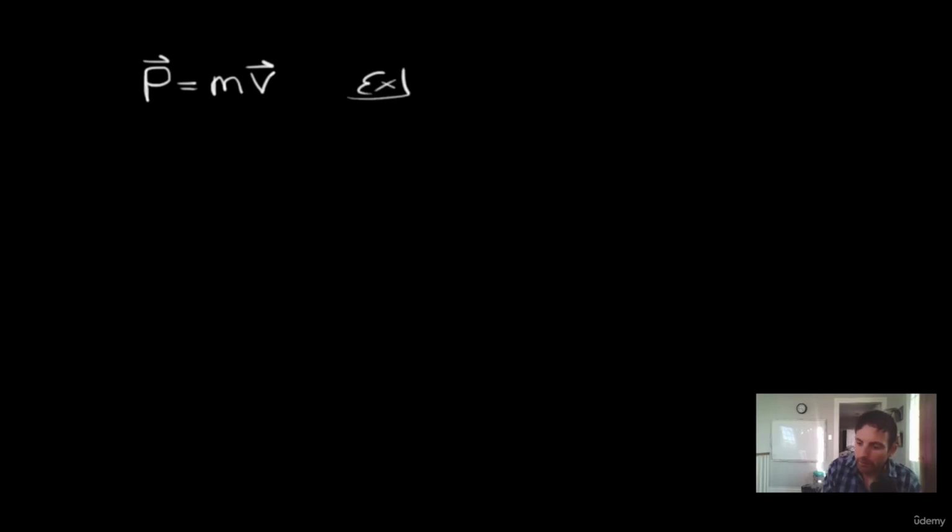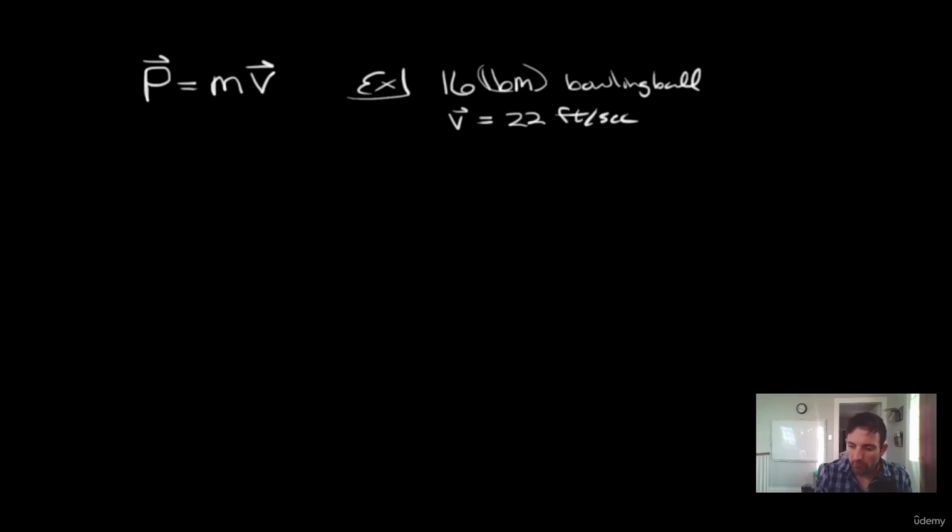Let's say you have a 16-pound mass bowling ball. This is pound mass, not pound force. And it's going down the lane, and its velocity is 22 feet per second. So what is the momentum of the bowling ball?